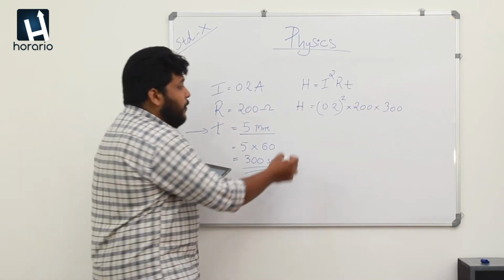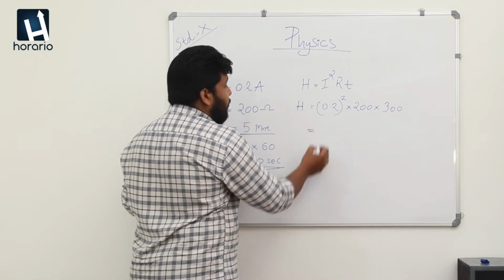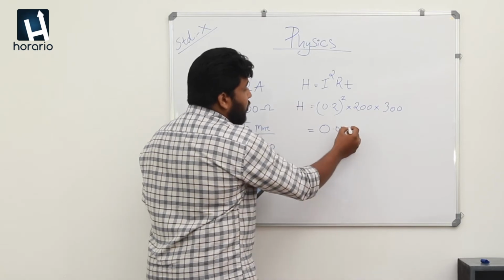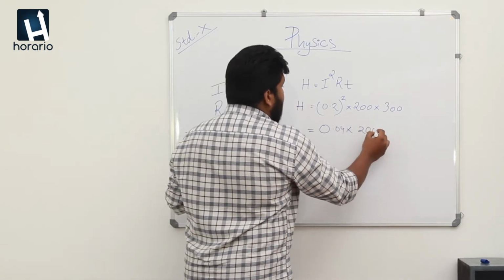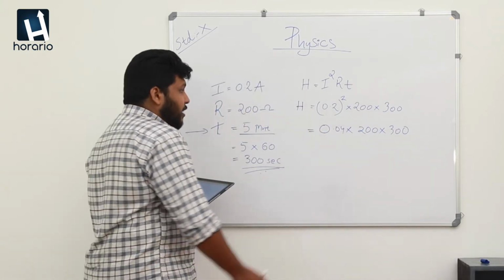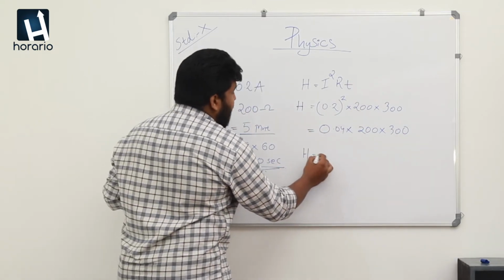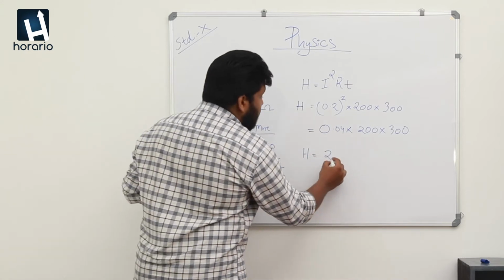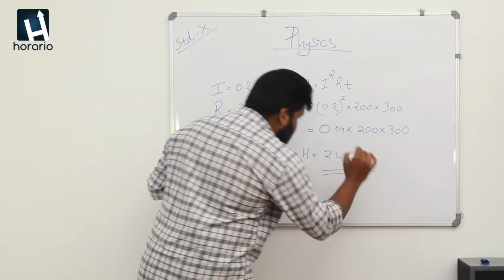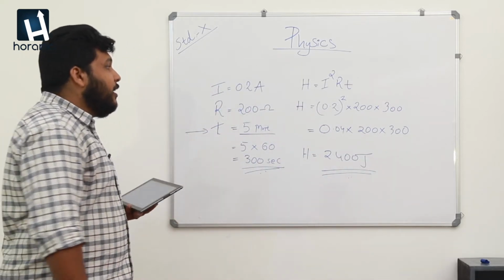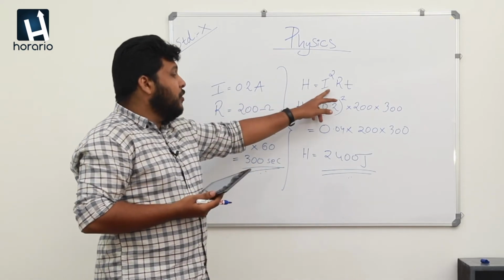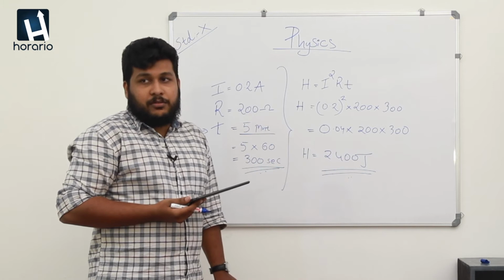The equation will be simplified as 0.04 into 200 into 300. And what will be the answer? The answer will be 2400 joule. So simply by putting the values in the known equation, we can derive the value.